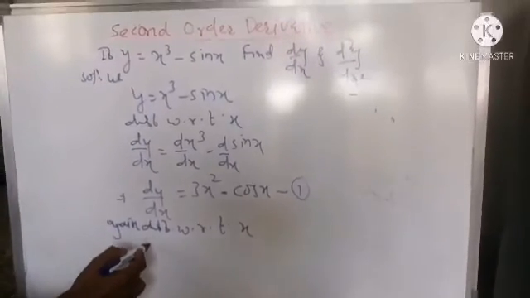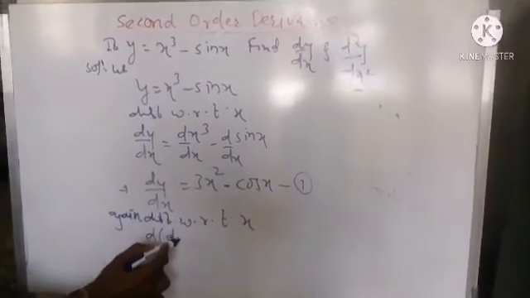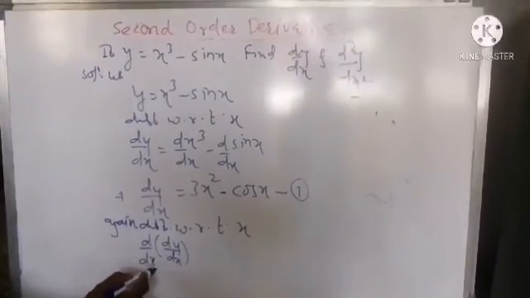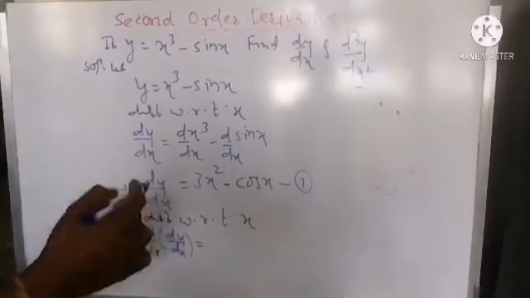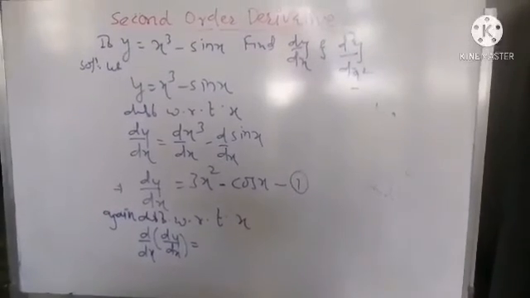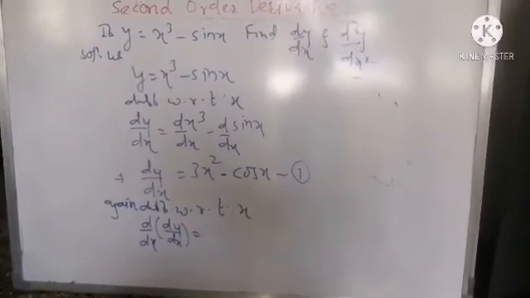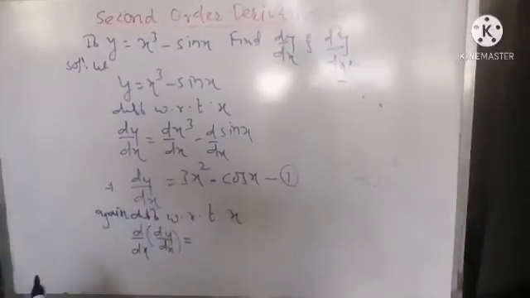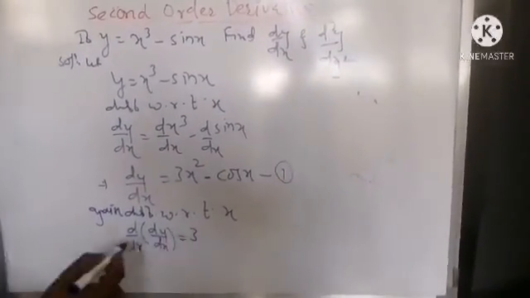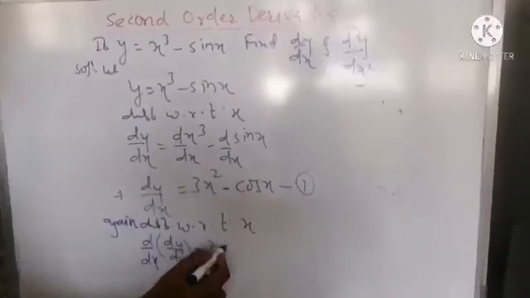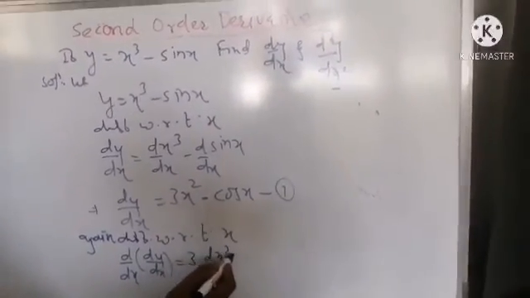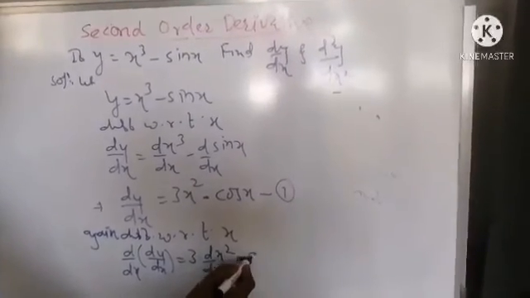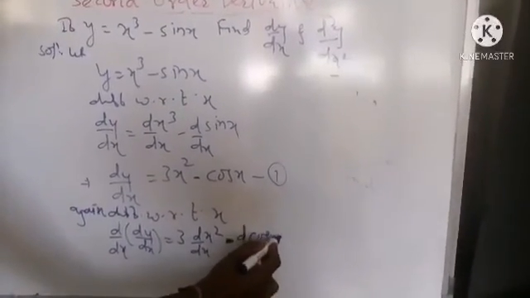So on left hand side, if we operate d by dx on dy by dx, that is d by dx of dy by dx. On right hand side, as there are terms of x in subtraction, we take derivative by subtraction rule. First term is 3x square, where 3 is a constant, so we take it outside the derivative as it is in product of x square. In derivative, we get only term x square, minus derivative of second term is cos of x.